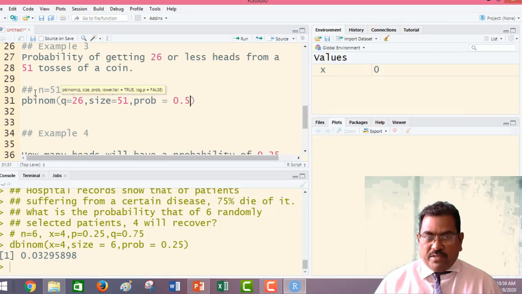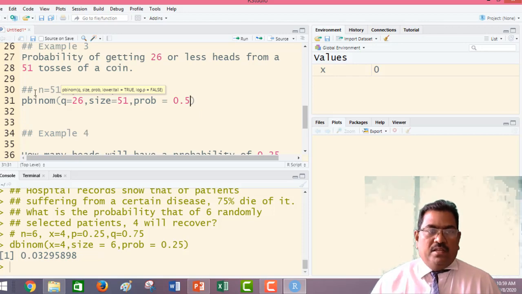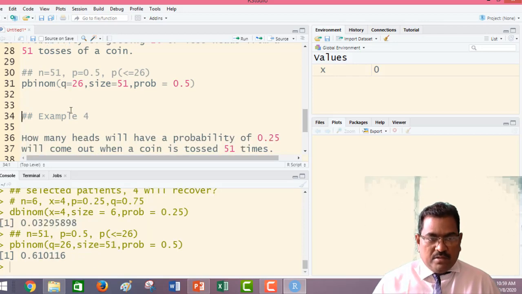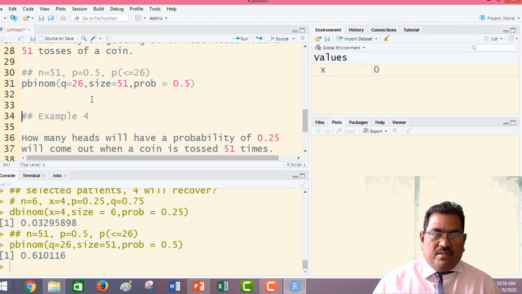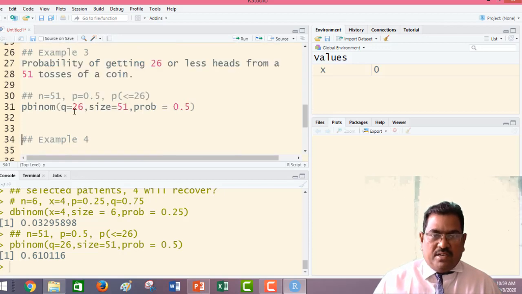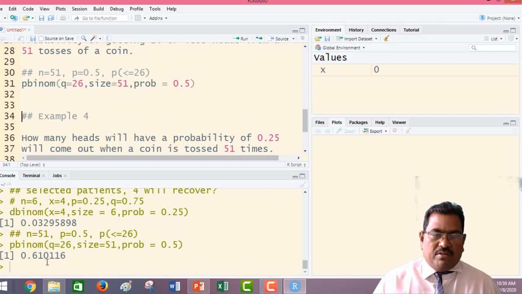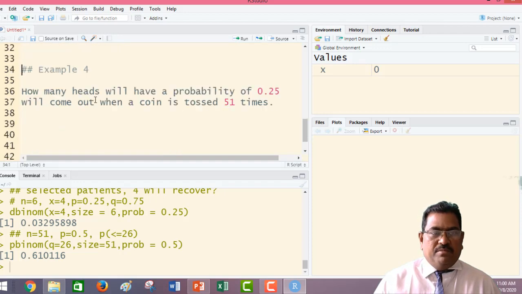Control Enter. So 61% of cases, out of 51, you will get 26 or less heads. That is the meaning.